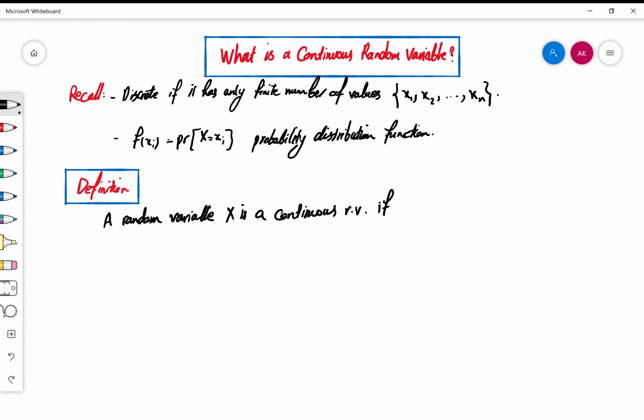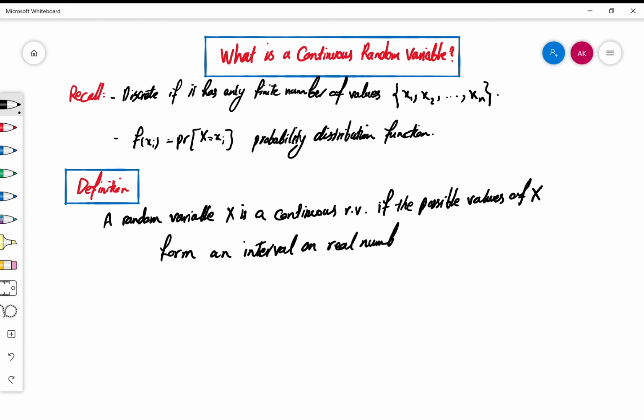So if the possible values of X form an interval, an interval on real numbers, this is the definition your book will use for the continuous one.